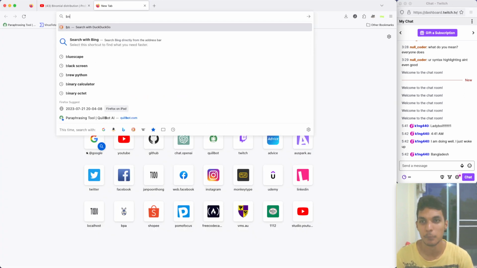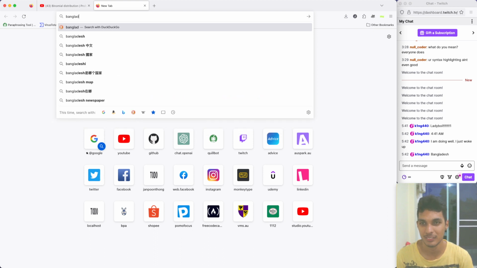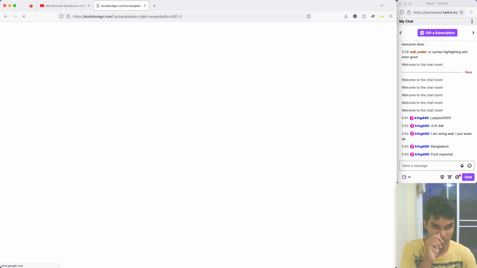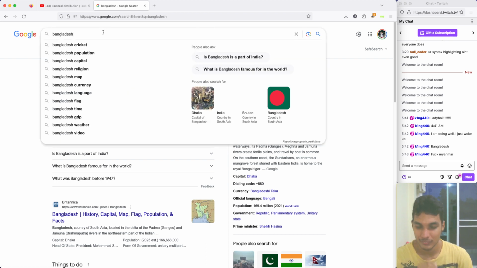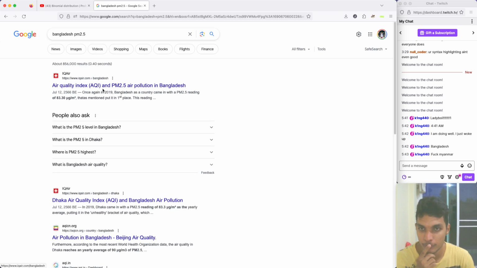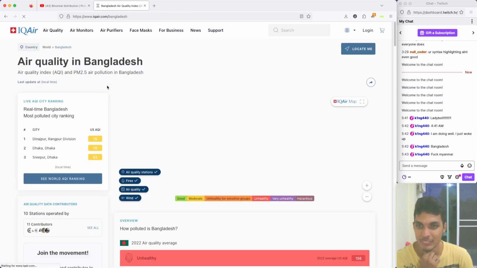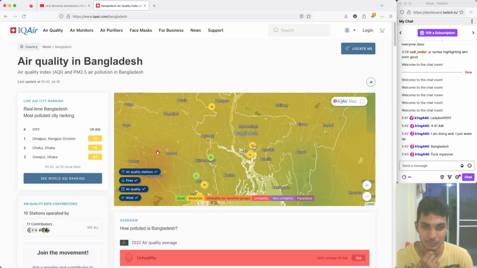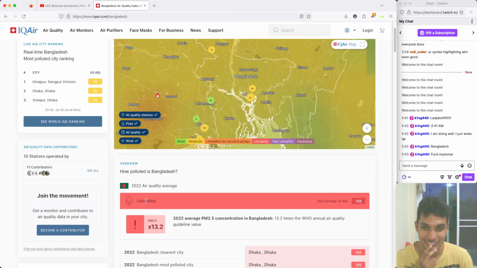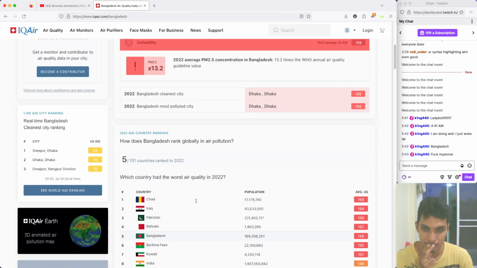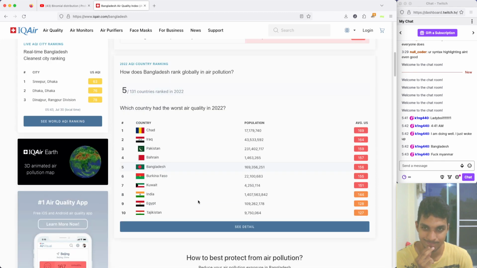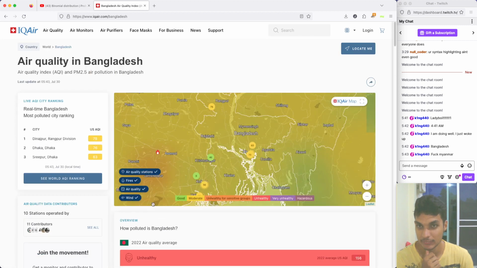How do you spell Bangladesh? The air quality is pretty bad.